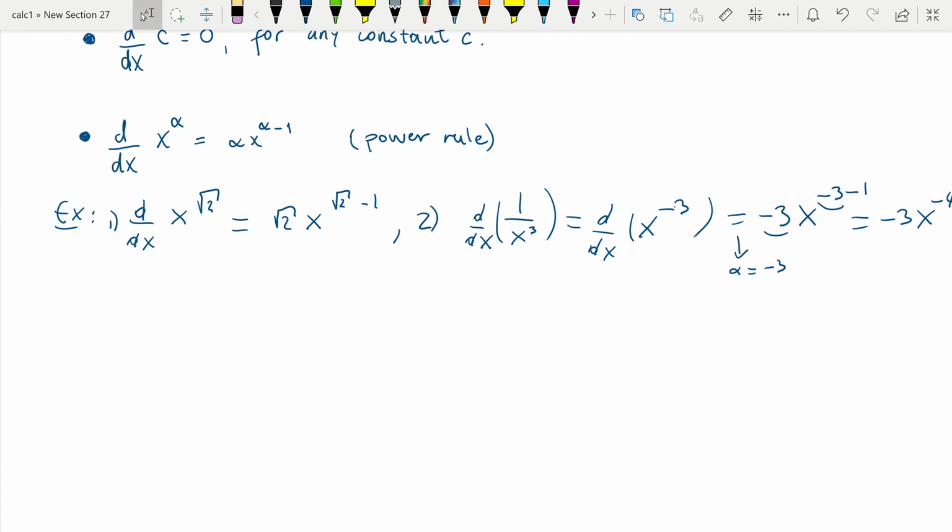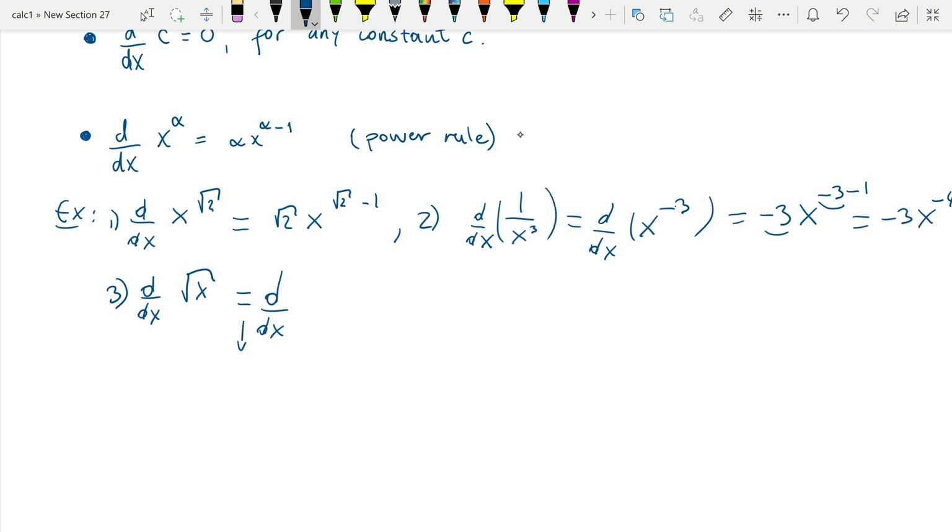Now, some other things that may happen is that you may be asked to find the derivative of, say, the square root of x. Again, the thing is always about finding what alpha is. And when you have the square root, remember that that's the same as raising x to the power 1/2.